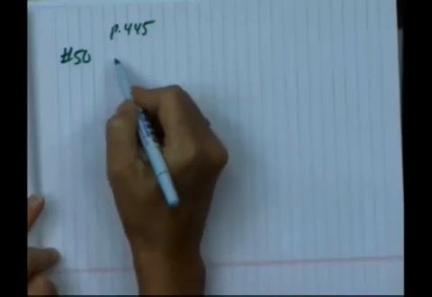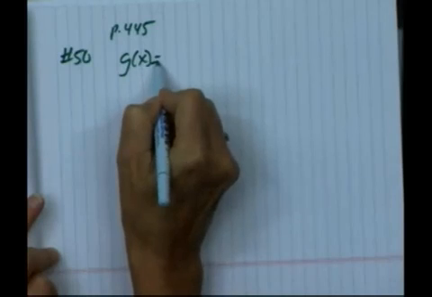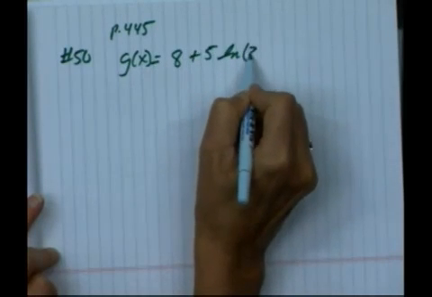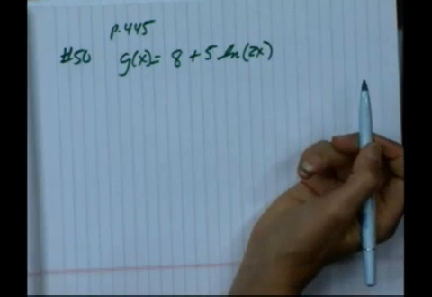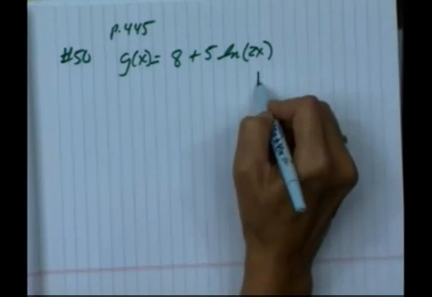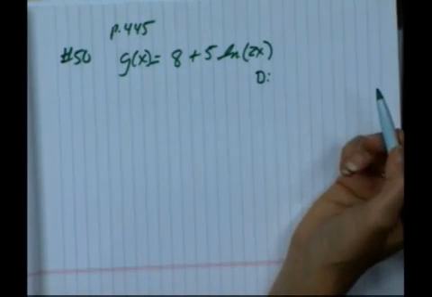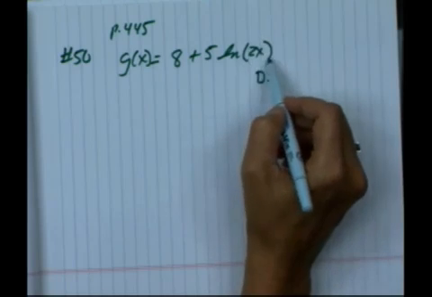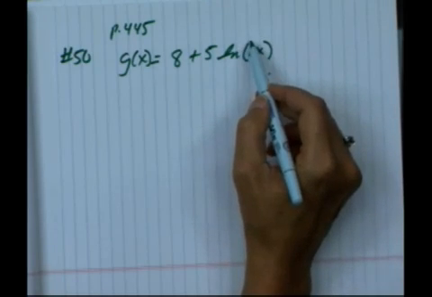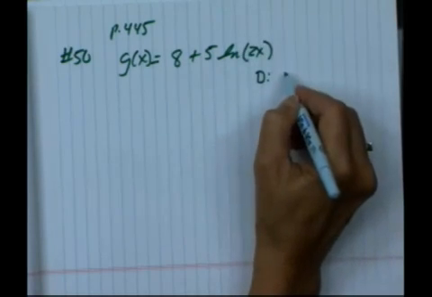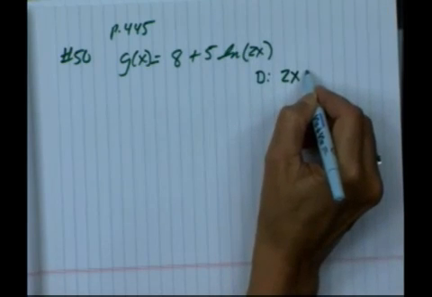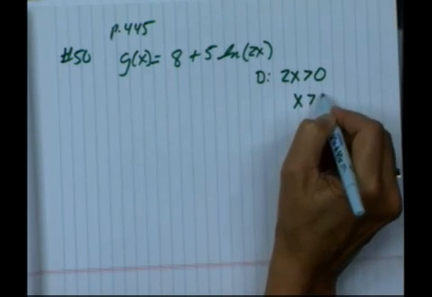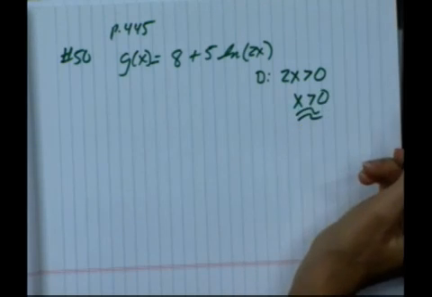Number 50, we're just looking for the domain of this function. How are you going to find your domain, everybody? Okay, whatever the argument of your log is has to be greater than 0. So x is going to still have to be greater than 0.